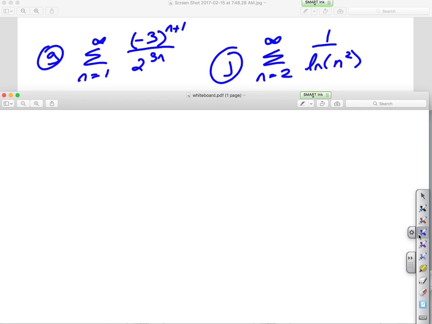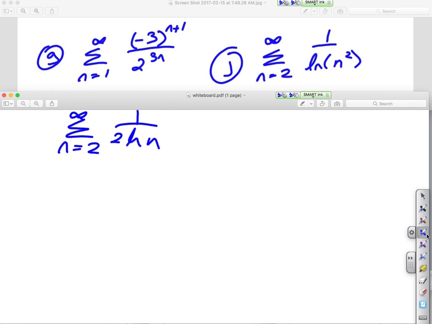All right. So this is the one where I told you to use the properties, so we rewrote it, is that correct? That's 1/2 natural log of n, and we want to compare that to 1/2n.